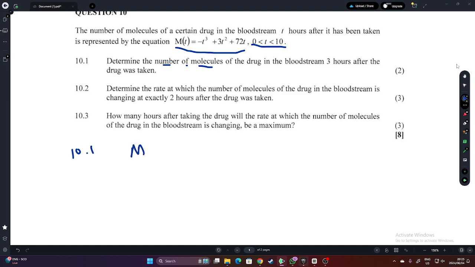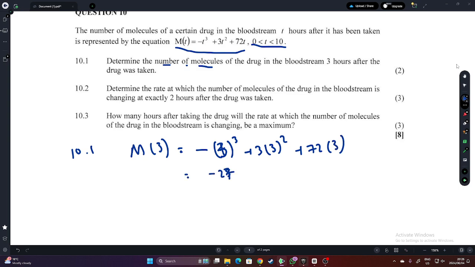We just want to find M of 3, so substituting 3 in here: 3 cubed plus 3 times 3 squared plus 72 times 3, which gives me negative 27 plus 27 plus 216.